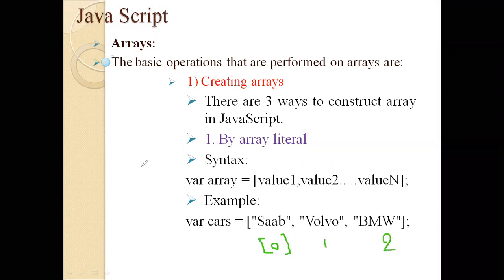If we want to access the elements, we need to use the array variable name. Here the array variable name is cars, and to access the first element we give cars of 0, the second element cars of 1, and the third element cars of 2. So this is how we can access the elements of an array.